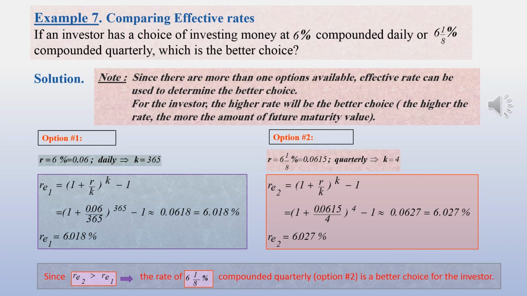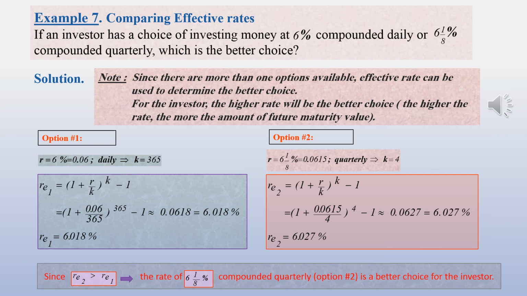Since there are more than one option available, effective rate can be used to determine the better choice. For the investor, the higher rate will be the better choice, because the higher the rate, the more the amount of future value will be. So we are going to use effective rate to compare this investment.